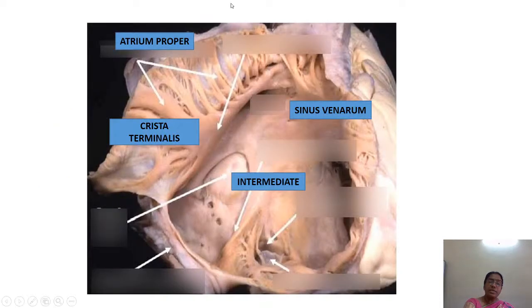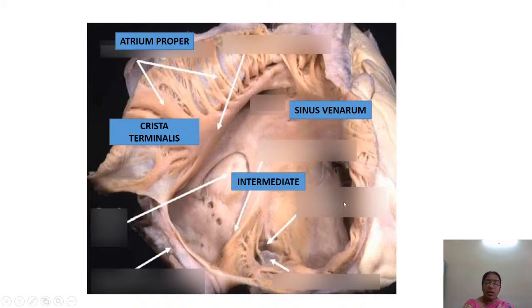The first part is the smooth posterior part, developed from the sinus venarum. This is the rough anterior part which has developed from the atrium proper. This is the intermediate part.